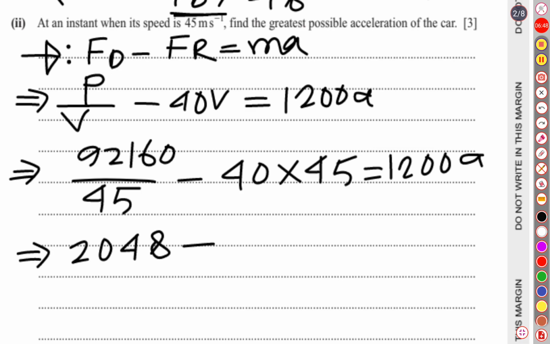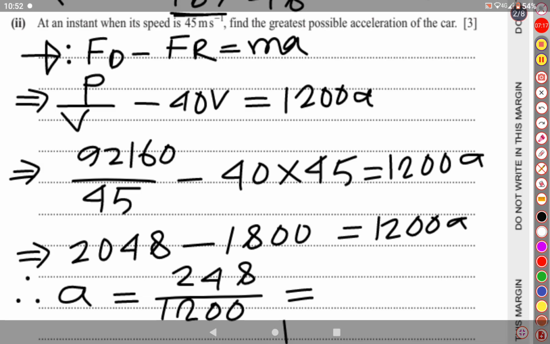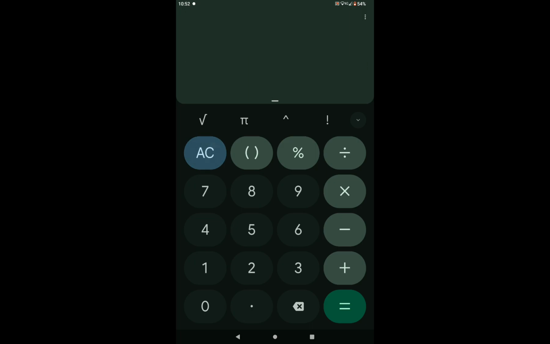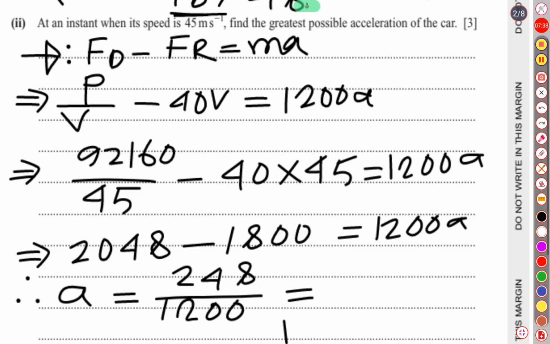If we multiply 40 by 45, it is going to be 1800. So 2048 minus 1800 equals 1200 A. Hence our acceleration is 248 divided by 1200, which is 0.207 meter per second square, the final answer.